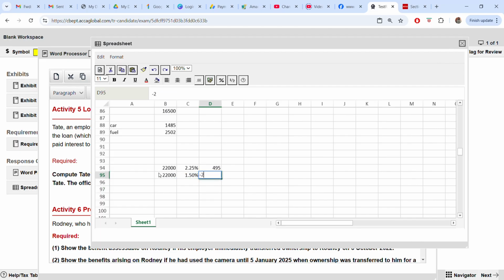Just do the sum function. Done. It's 245.